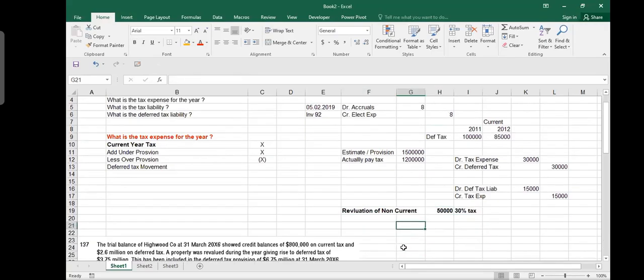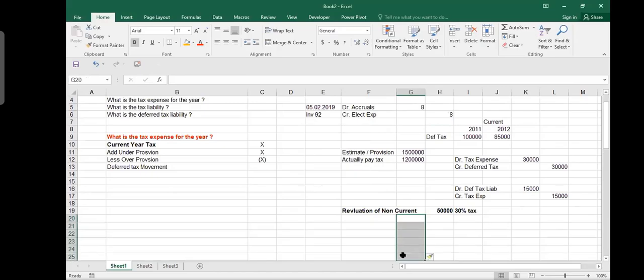But you say that this is not something which I'm going to pay now. So this is my deferred tax as a result of revaluation. So you say debit tax expense, for example, 50,000 times 0.3, which is 15,000, and you would say credit deferred tax. This is my deferred tax liability.